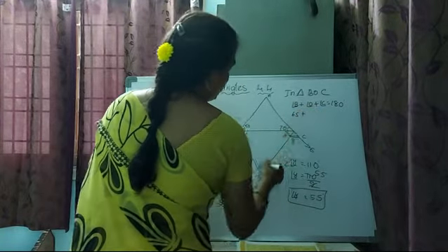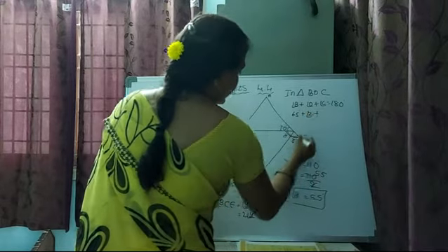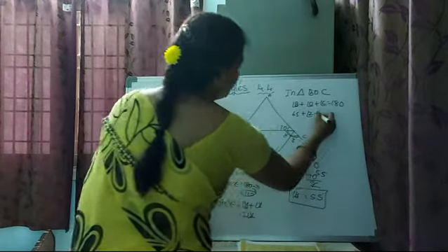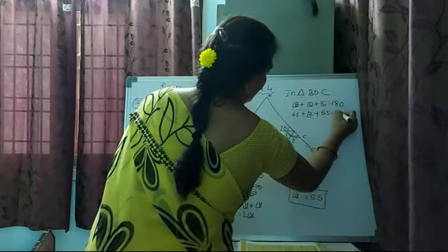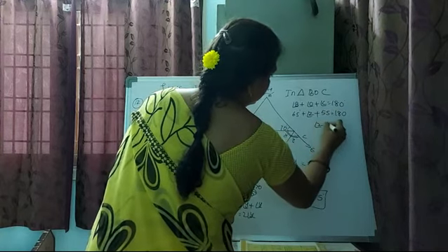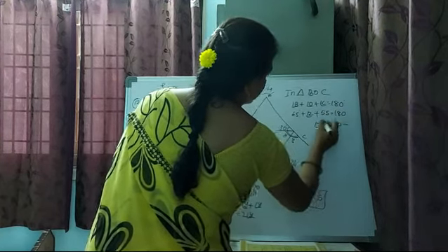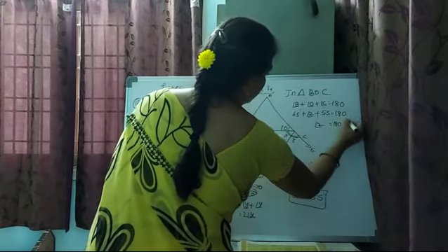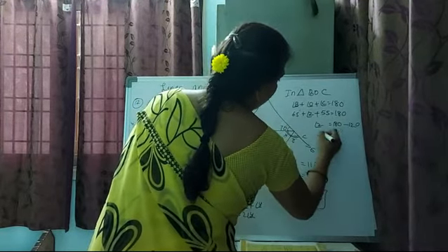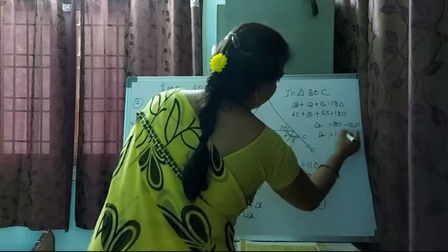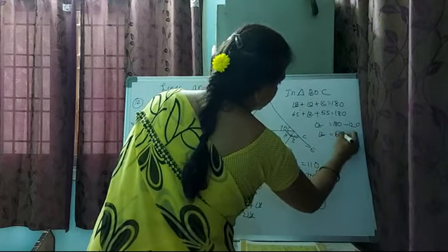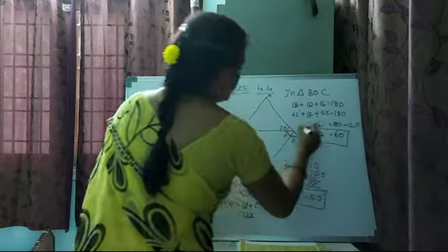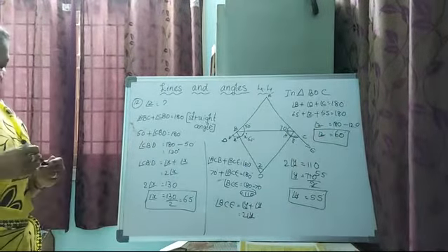Angle O we don't know, that is angle Z. Angle C we knew, that is 55. So angle Z is equal to 180 minus 120, that is 60 degrees. In this way we have to find out the angle Z.